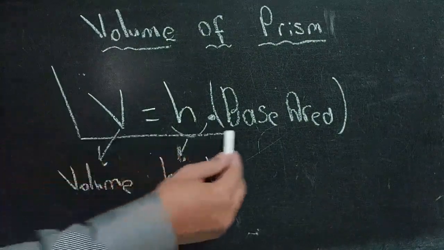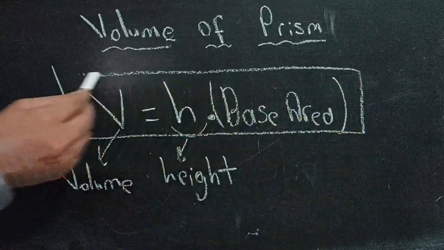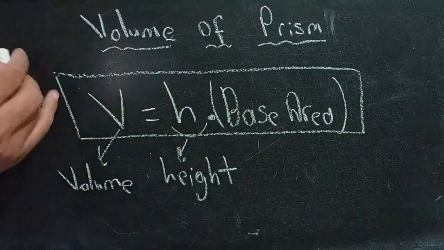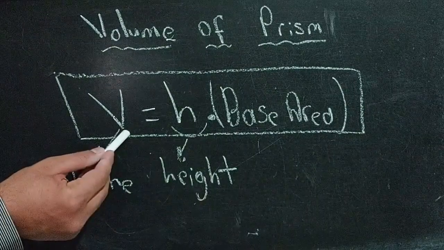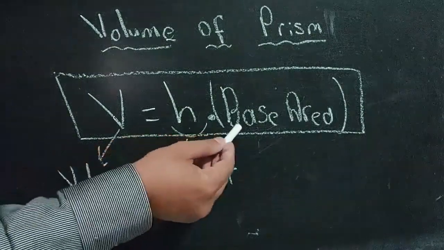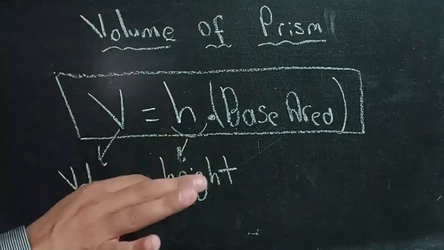Alright, it doesn't matter what you have, as long as you have a three-dimension shape, this is going to be the formula for volume. Volume equals height times base area every time.